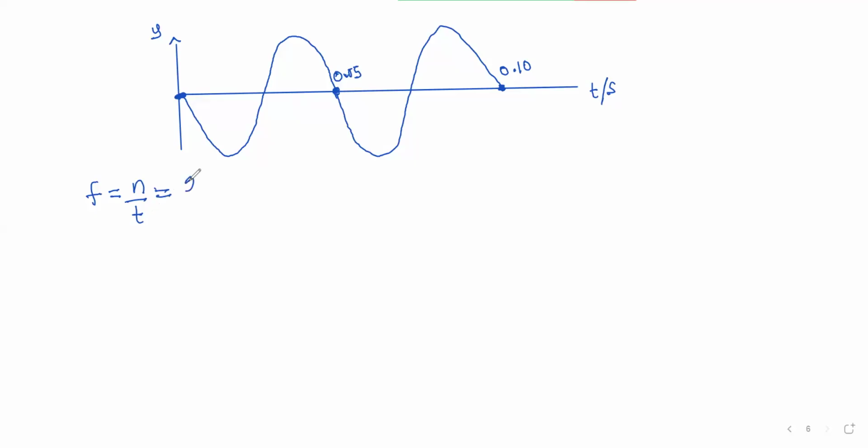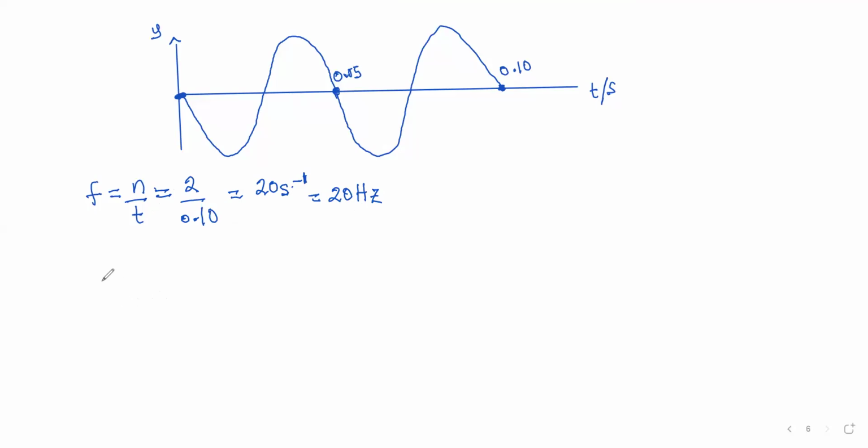So 2 divided by 0.10, this I'm sure would give us 20 per second, which is the same as 20 hertz. So this is one way.